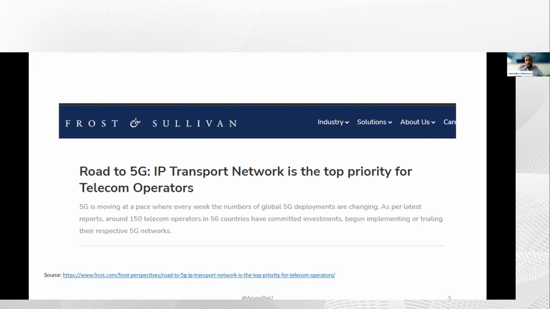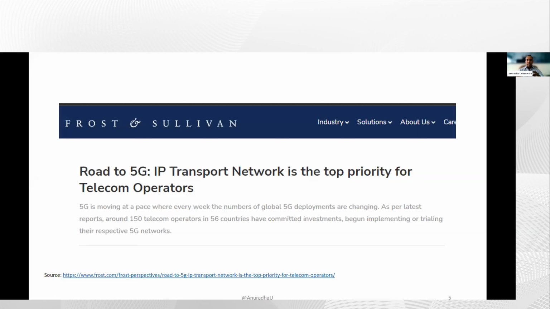Of course we have an investment towards 5G, for the spectrum and also for the other rollouts. A few years back, at a very high level, it was mentioned that it would cost something like 15 million US dollars to acquire the spectrum, and another 100 million US dollars over a period of years for the rollout investments.